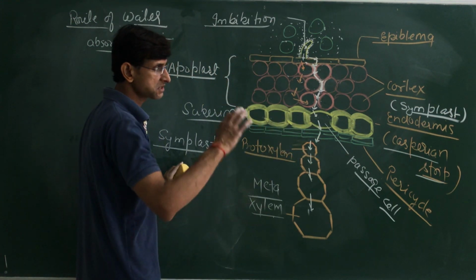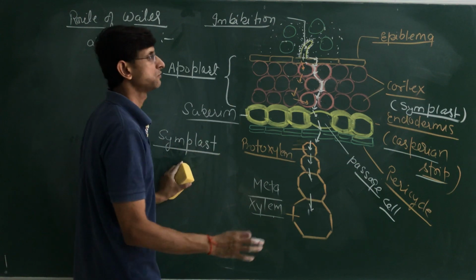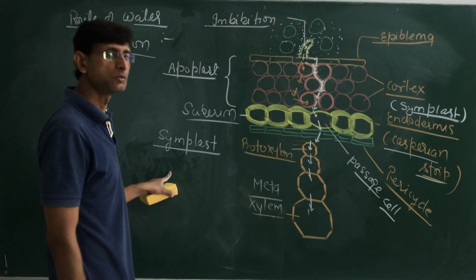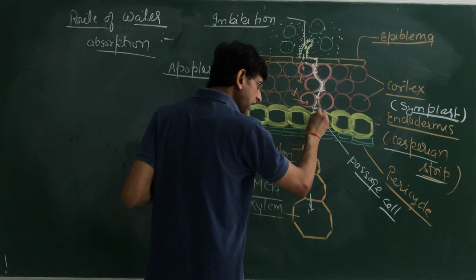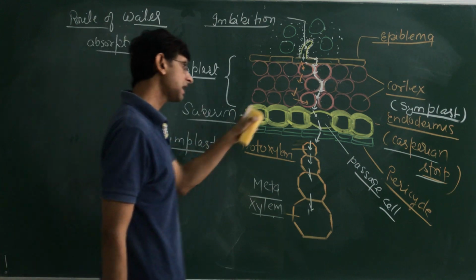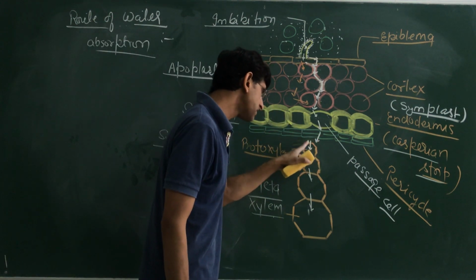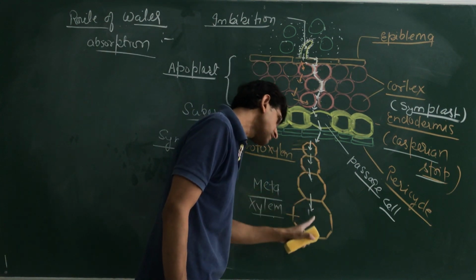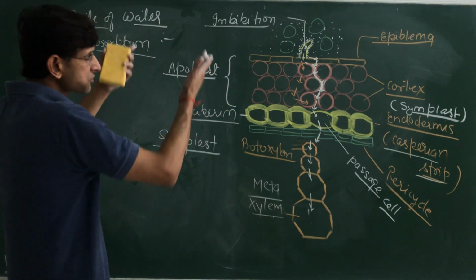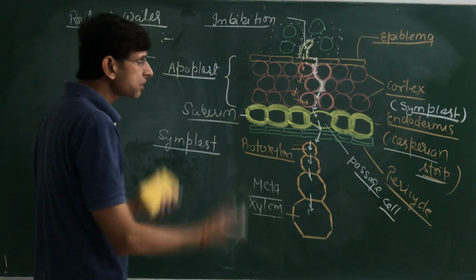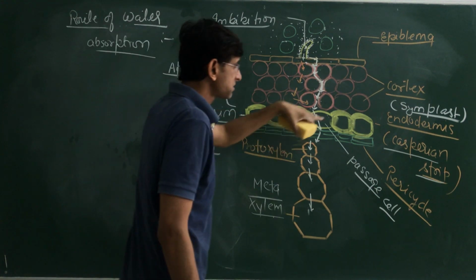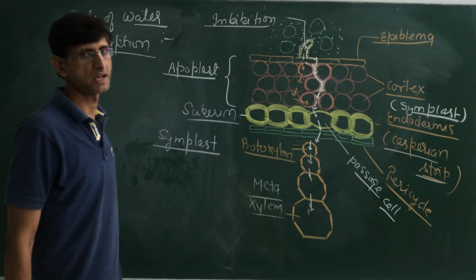So in the endodermis the symplastic pathway is the only pathway which is available for water to move. Then when it enters into the pericycle, it can again assume the apoplast, and xylem is completely dead, so only apoplast will be there. So the majority of the path of absorption of water is apoplastic, but in the region of endodermis it becomes essentially symplastic.